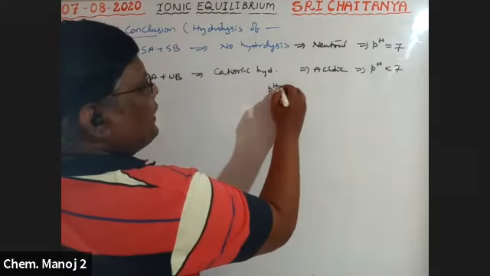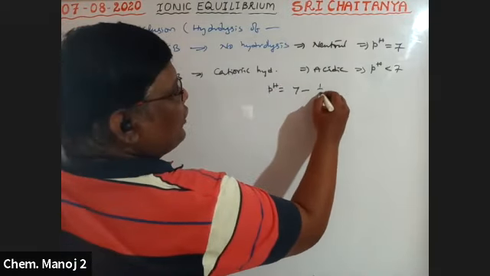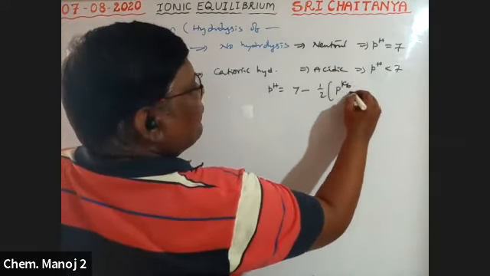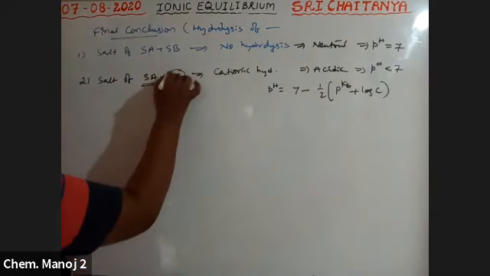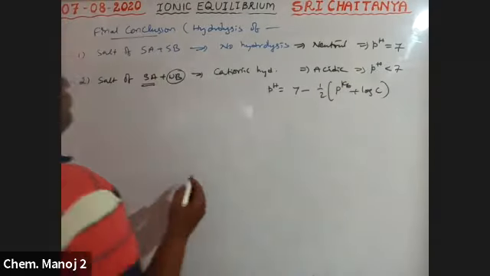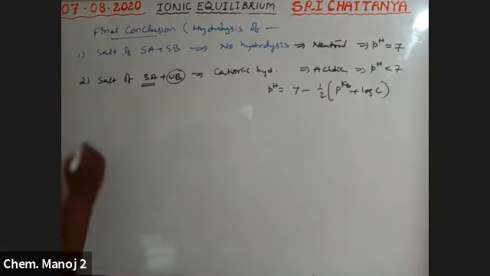How to calculate pH? pH is equal to 7 minus 1 by 2 pKb plus log C, with pKb because the weak base is involved.